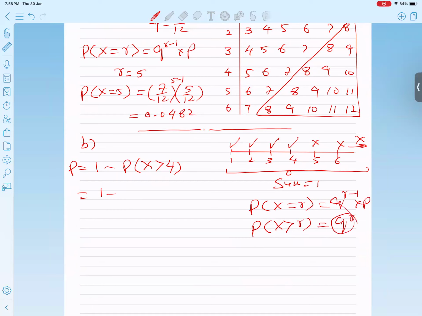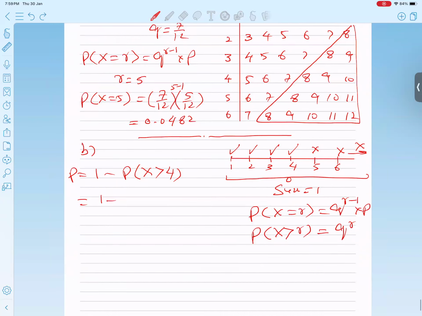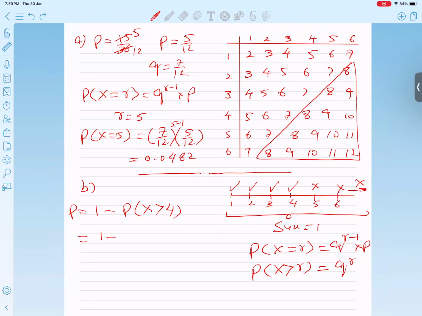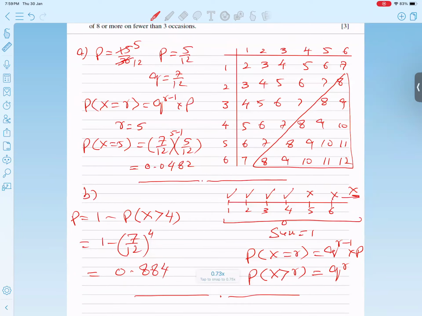I can use this formula here. Q is 7 over 12, so 7 over 12 to the power 4. I think this point is clear. If I check on the calculator, the answer turns out to be 0.884. So I believe up till here the points are very clear.